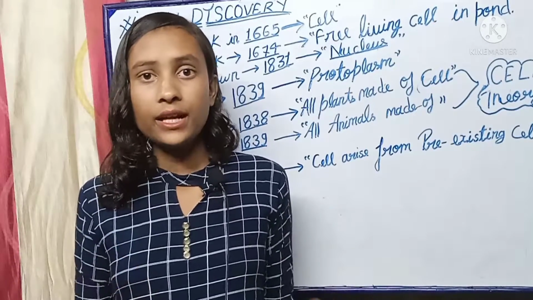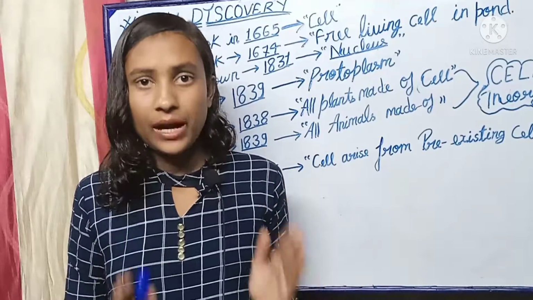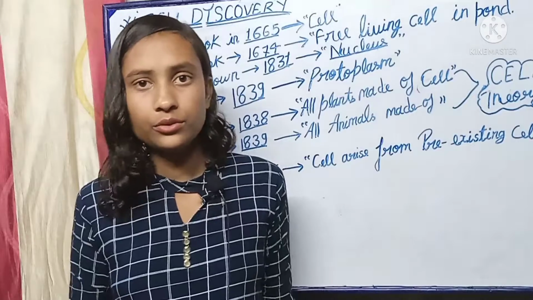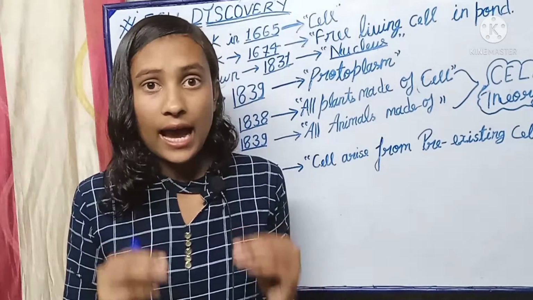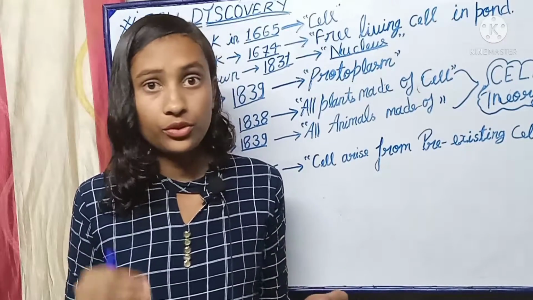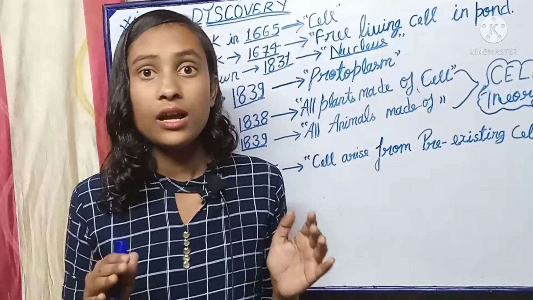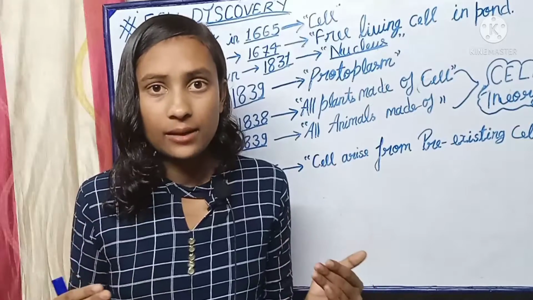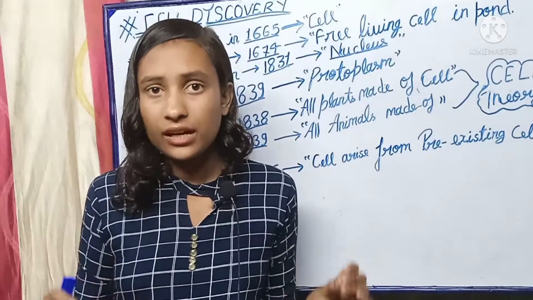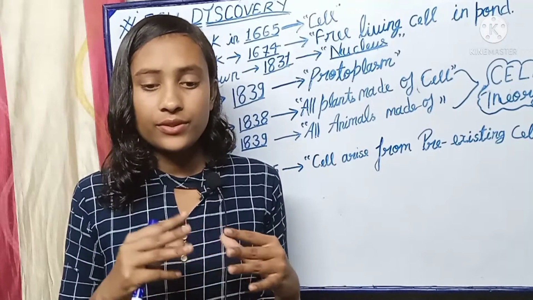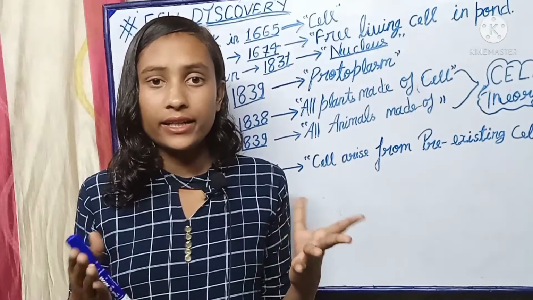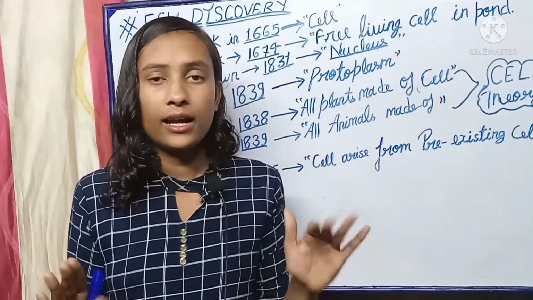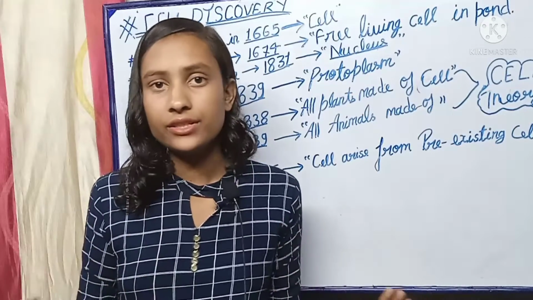So let me repeat. In 1665 an English scientist named Robert Hooke used a primitive and self-designed microscope to investigate the structure of cork. And cork was a dead cell. Don't forget, because it is a star point: if somebody asks you who discovered the living cell for the first time, don't confuse it, because the living cell was discovered by another scientist.